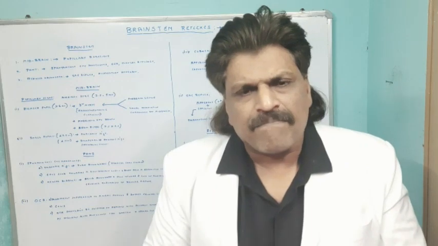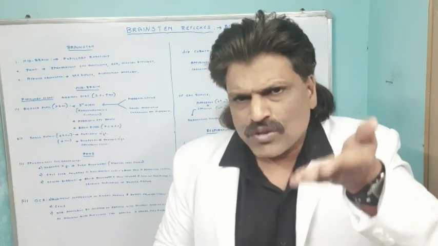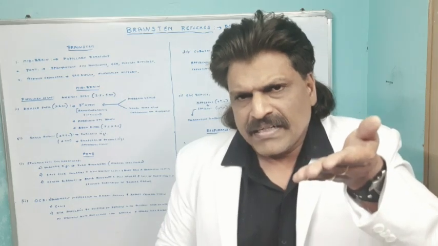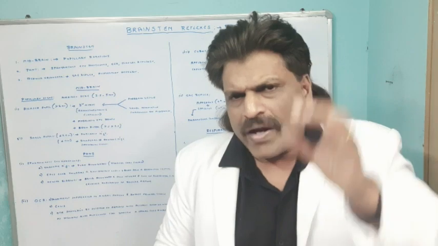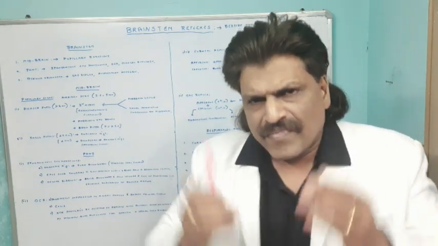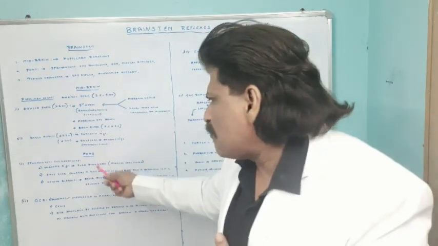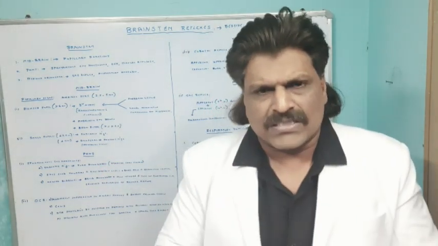Thalamic hemorrhage. Thalamic hemorrhage is close to midbrain, and therefore it can go and impinge on the top of the midbrain, and therefore the sympathetic fibers can get affected and the eyes may turn downwards.